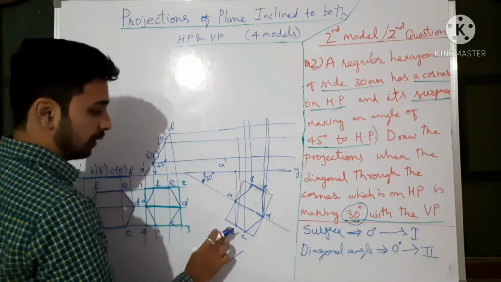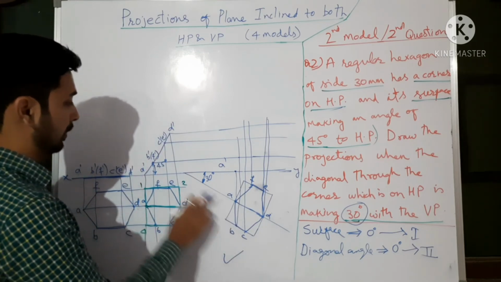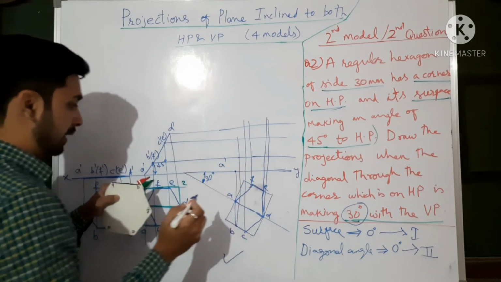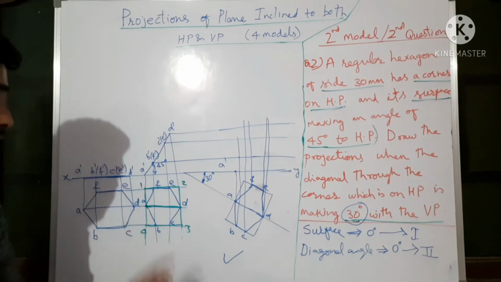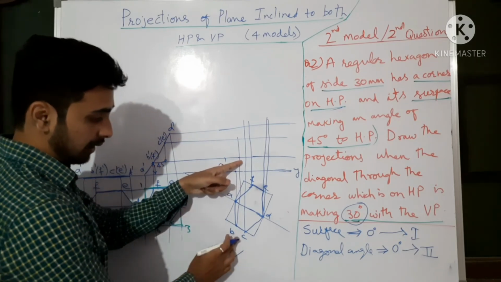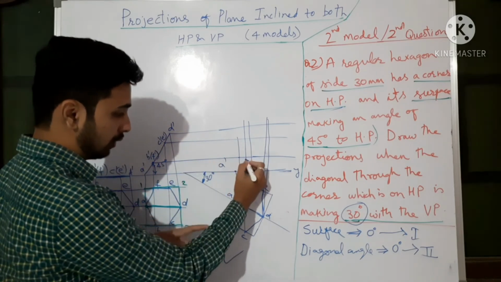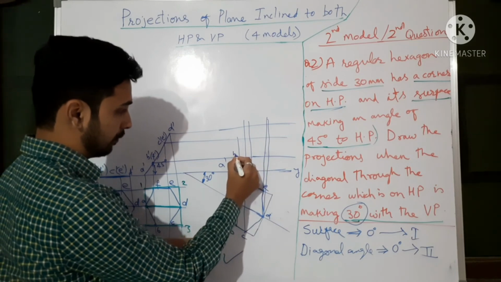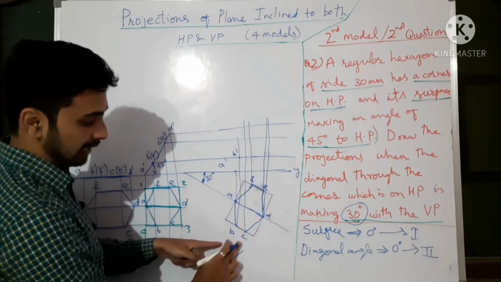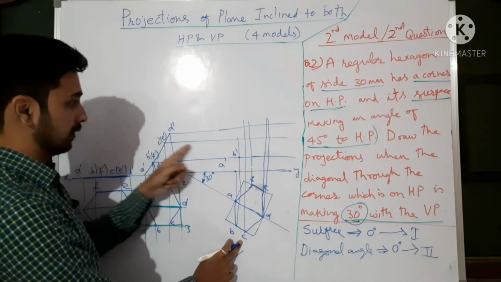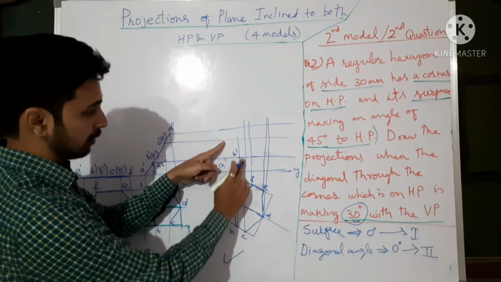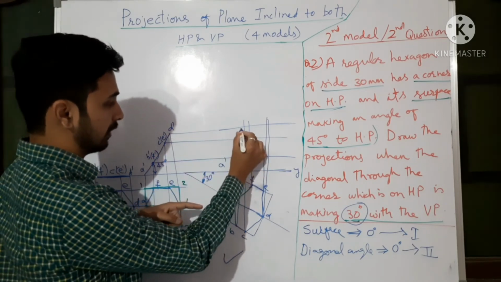A over B. From here B is this one, and from here B is this. Join these two points, B dash. And C is this line. Here where is C? This one. C comes like this, C dash, like that.